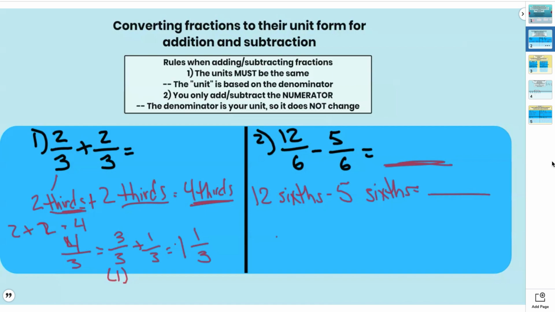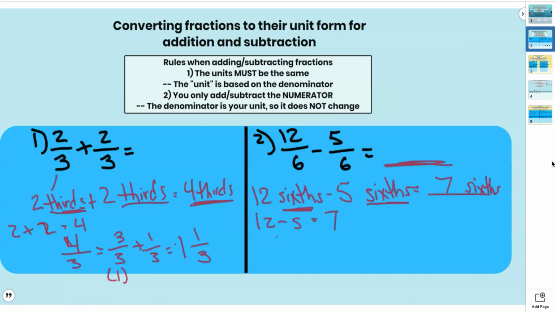So let's figure it out. Since our units will not change, we're going to end up with sixths. Now we have 12 minus 5. Well, 12 minus 5 equals 7. So we have 7/6.